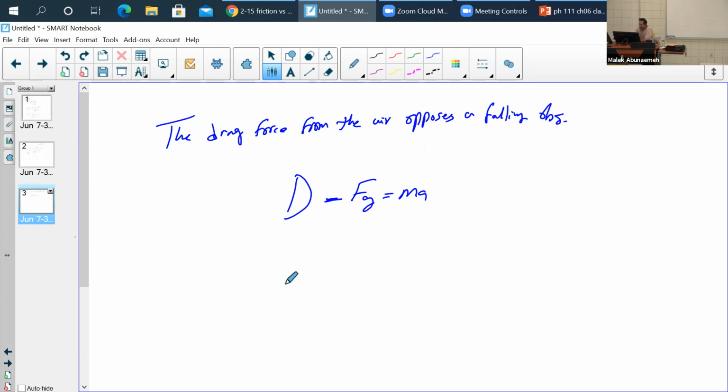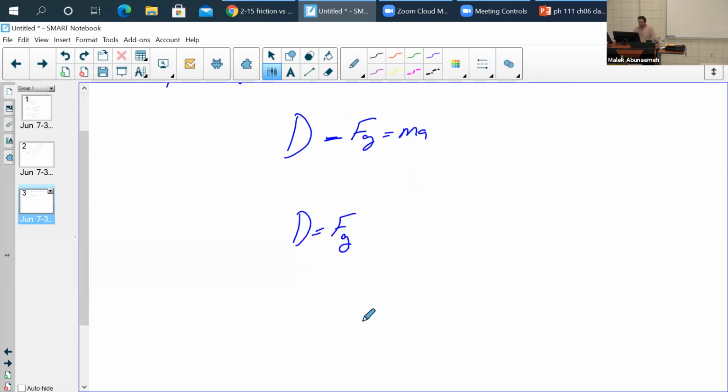Now let's say the drag force is going to equal your gravitational force. Basically, what we're saying is your 1/2 C rho A V squared is going to equal your gravitational force, which is again your mass times gravity.